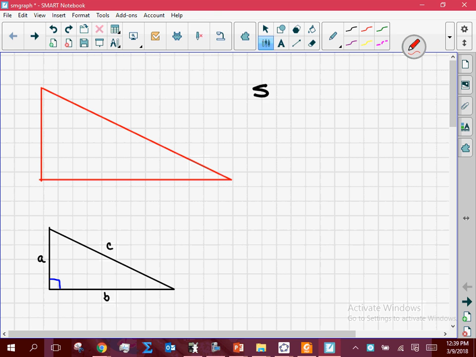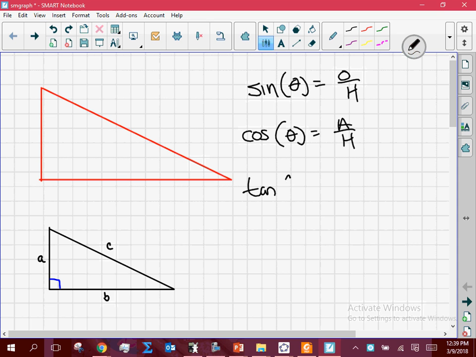You guys maybe are familiar with this phrase here. We'll say sine of theta is equal to opposite over hypotenuse. Cosine of theta is equal to adjacent divided by hypotenuse. And tangent of theta is equal to opposite over adjacent.